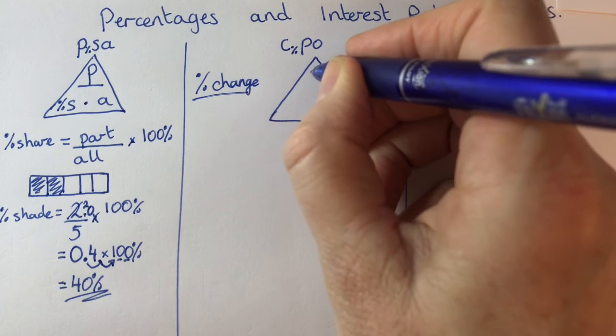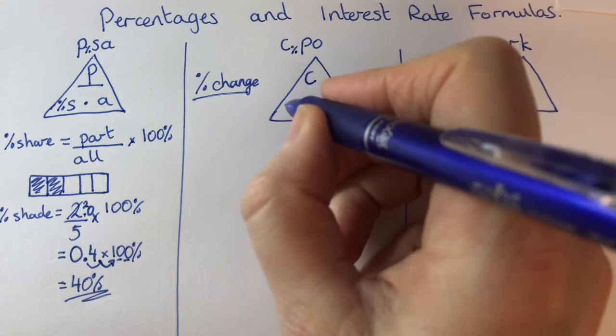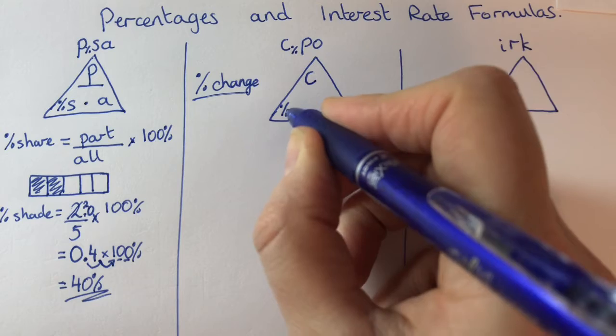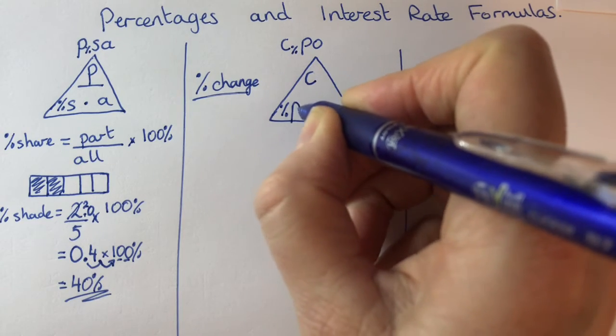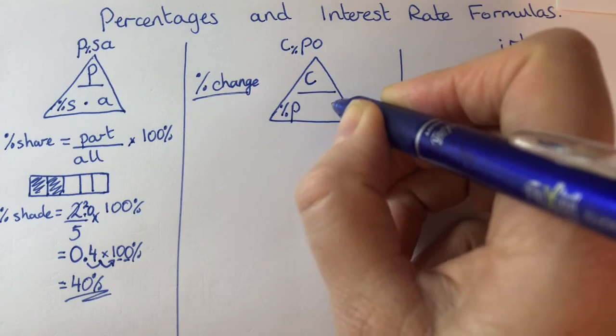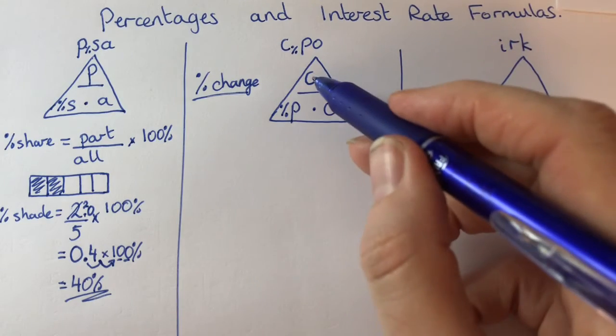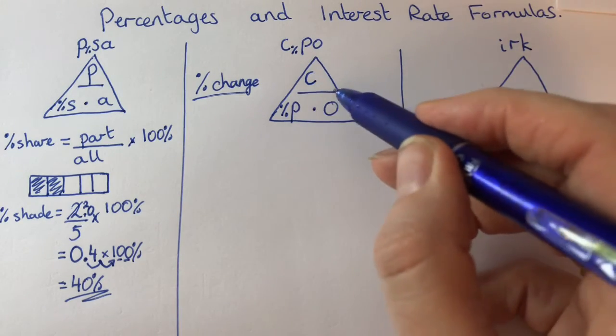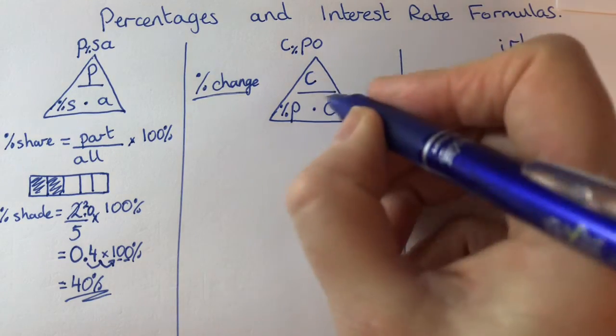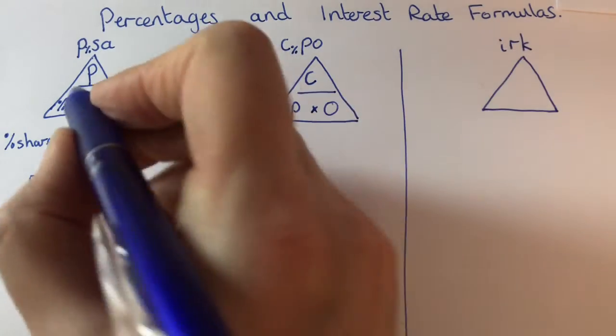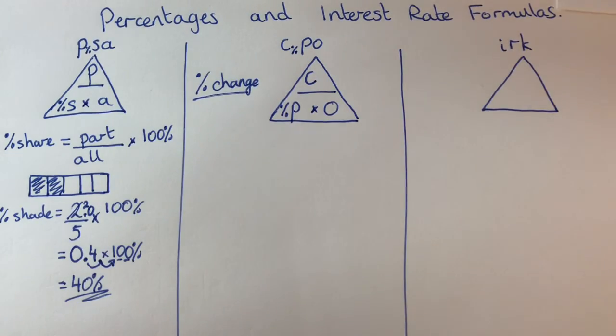And here we have, instead of the 3, we have our little percentage sign again, C-P-O. Between the C and the PO, there's a divide sign, and between the P and the O, there's a little multiply sign, exactly as we had in this one here.